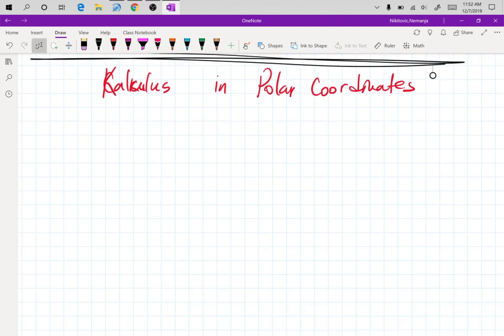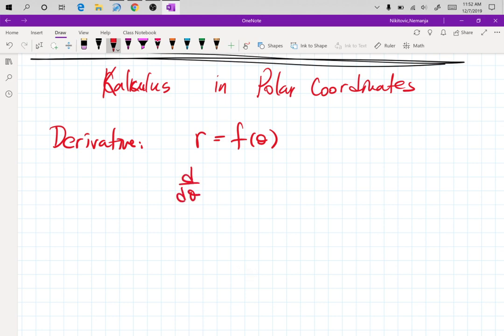And I'm going to start, obviously, with the derivative. And derivative says that you have r equals f of theta. You will differentiate with respect to theta, and you will get r prime is equal to f prime of theta.